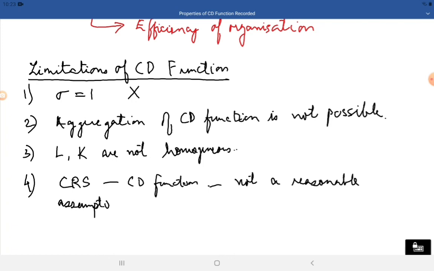Now remember, the constant returns to scale once again simplifies the various assumptions, the factor intensities, the fact that it is very much in agreement with the marginal productivity theory of factor pricing and so on.